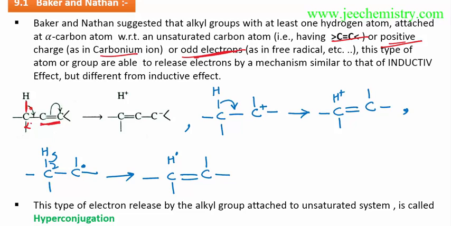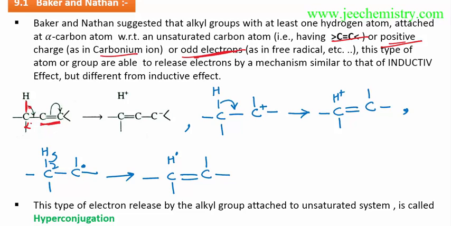The inductive effect also releases electrons and provides stability. Hyperconjugation also increases stability by providing sigma bond electrons, but it is different from the inductive effect.